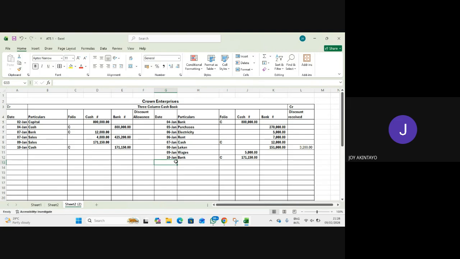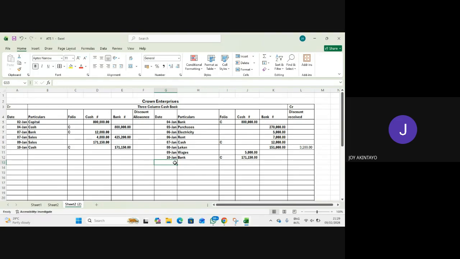Which account are we debiting? Expenses. Which of the expenses? Stationery expense. We are debiting the stationery account.